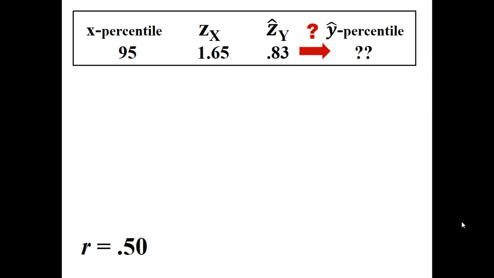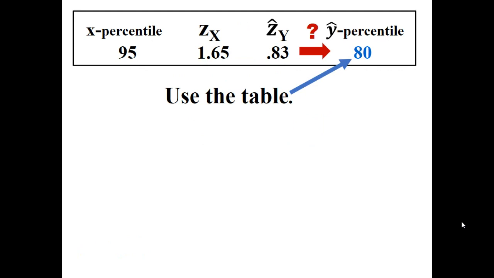So we still have to transform this z-score, 0.83, into a percentile because the problem asked us for a percentile. So how do we do this transformation? If you start with a z-score and we need a percentile, how do you do that? That's right. We just use the same table again. And to save us time, I checked the table.